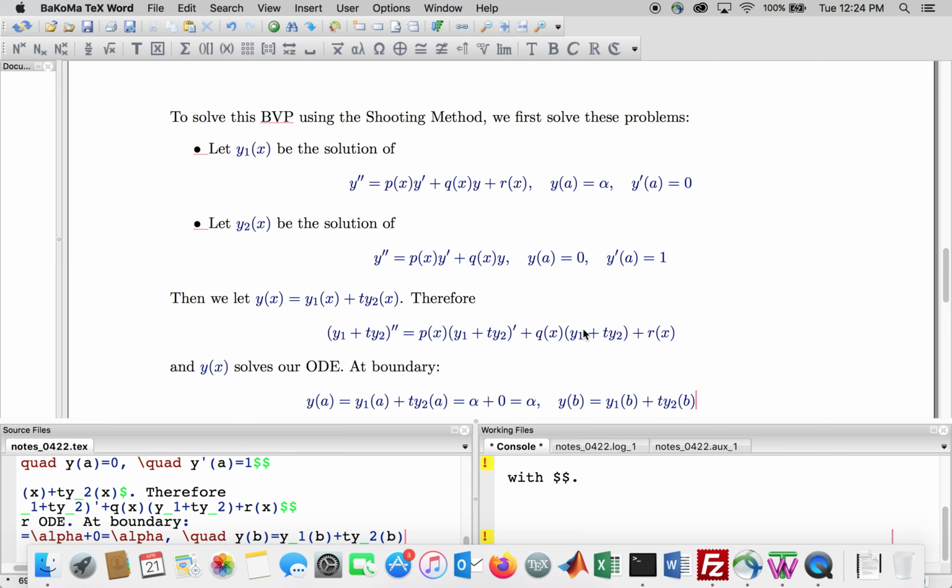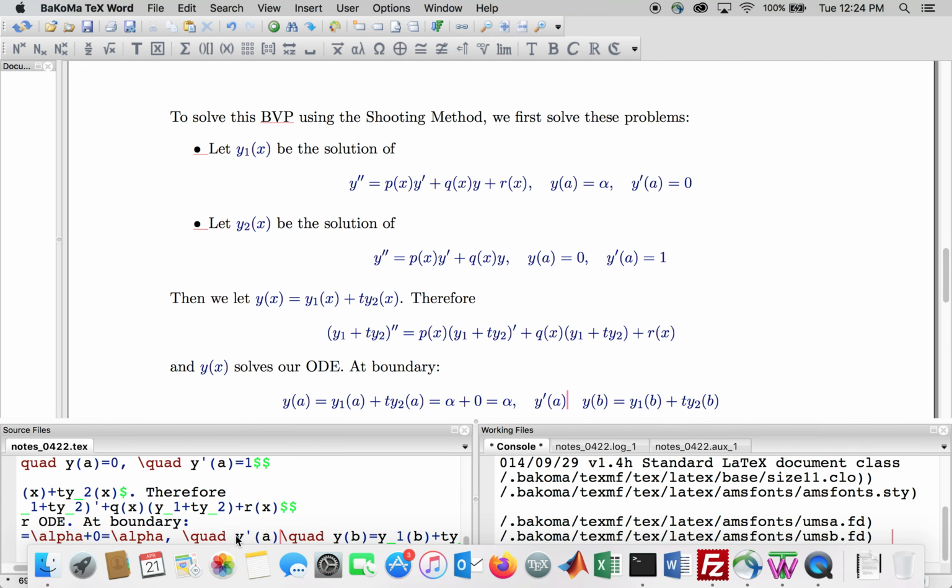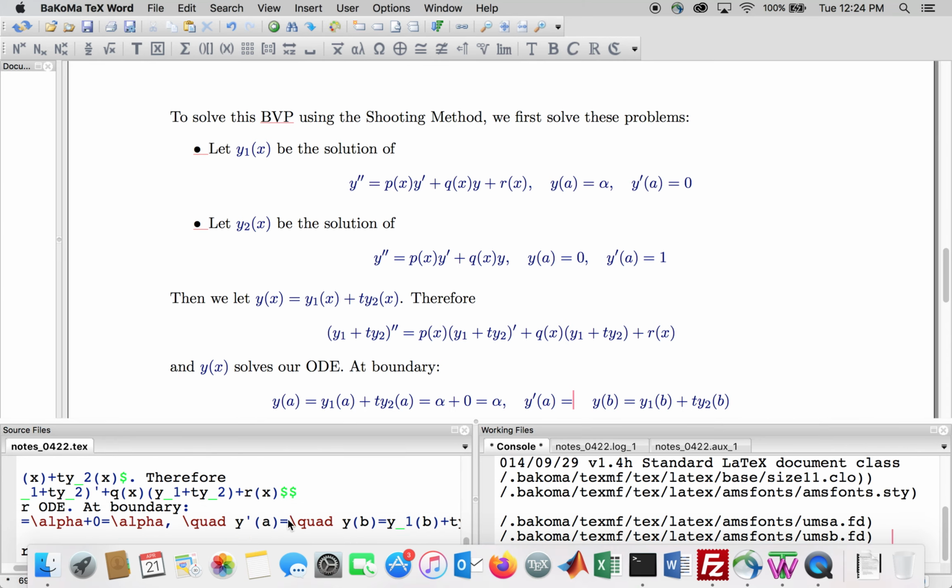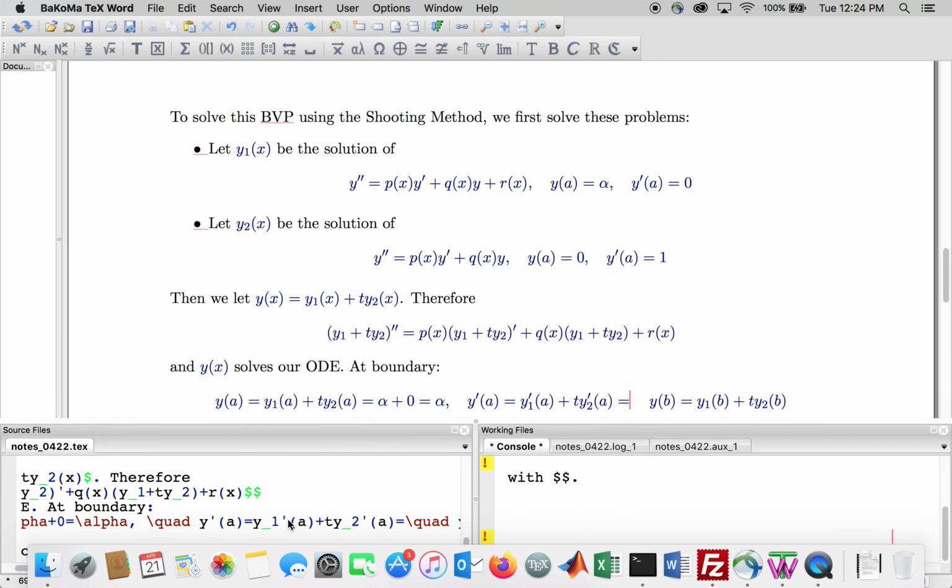Now, I can't do anything with that yet. Y prime of a is equal to y1 prime of a plus t y2 prime of a. Now y1 prime of a is equal to 0, and then y2 prime of a is equal to 1, so that's just t.